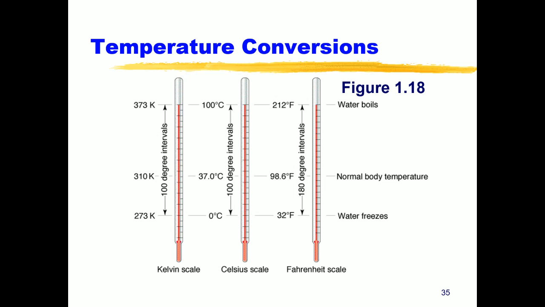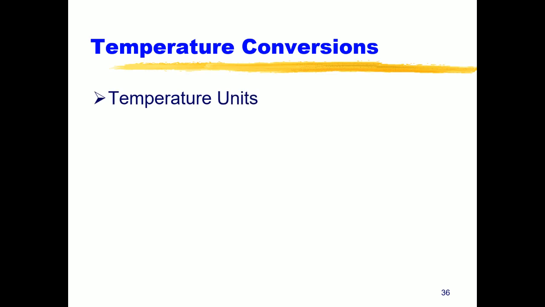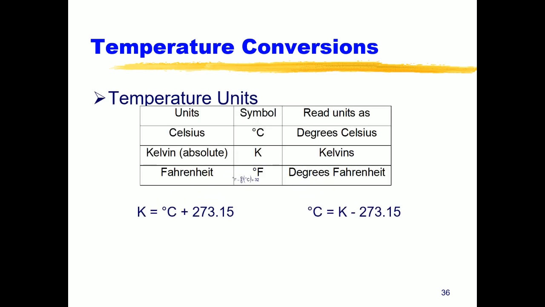So we're only accounting for offset. We're not accounting for different rates of change. So that's why you don't have a ratio term inside of the Kelvin to Celsius conversion. We only have the equivalent of the 32, so it's just 273.15.